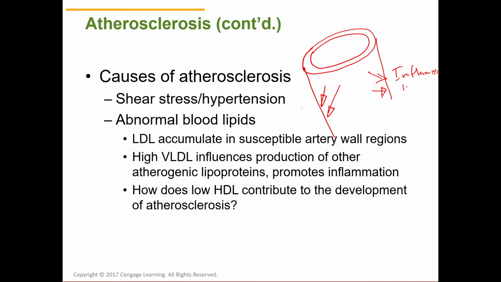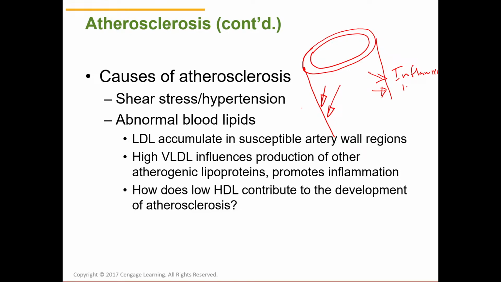Why? Because they promote inflammation. So in the blood, lipids are normally transported in the form of lipoproteins, like they get combined with proteins and then are distributed within the body.